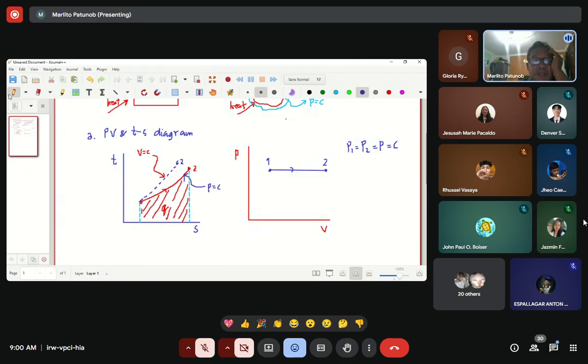And in the isobaric process, okay, so we know already the area here is the work non-flow. So this is a flow work.